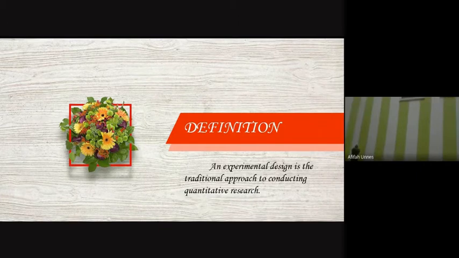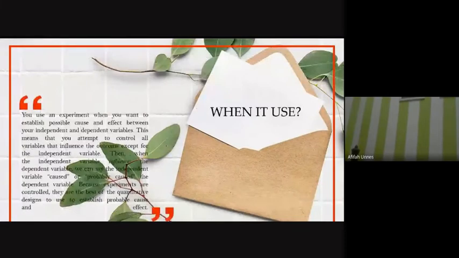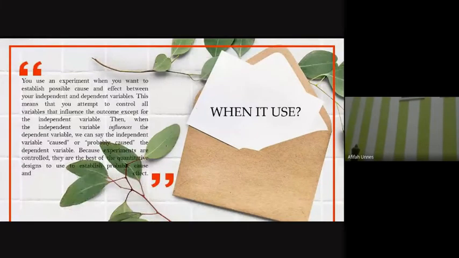Next, when to use an experiment? You use an experiment when you want to establish possible cause and effect between your independent and dependent variables. This means that you attempt to control all variables that influence the outcome except for the independent variable.